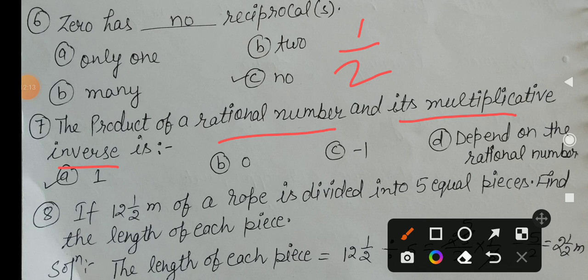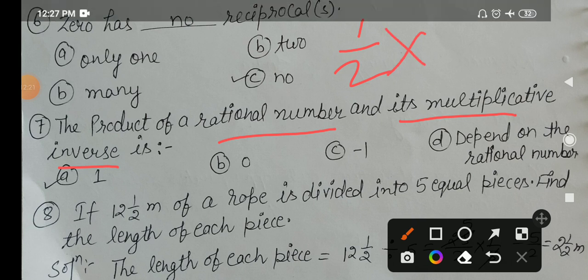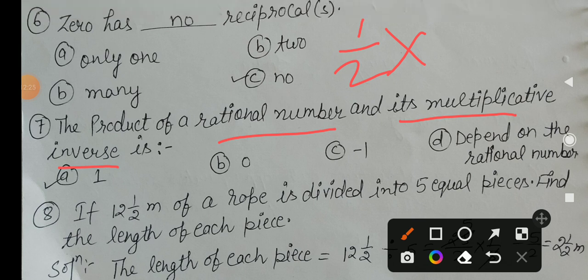That is your rational value, and it will ask for its multiplicative inverse. So the multiplicative inverse is 1/2 into 2/1, that is the multiplicative inverse of this value.